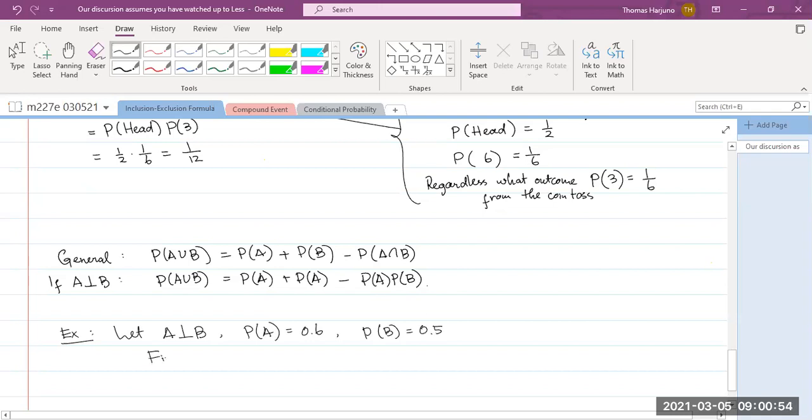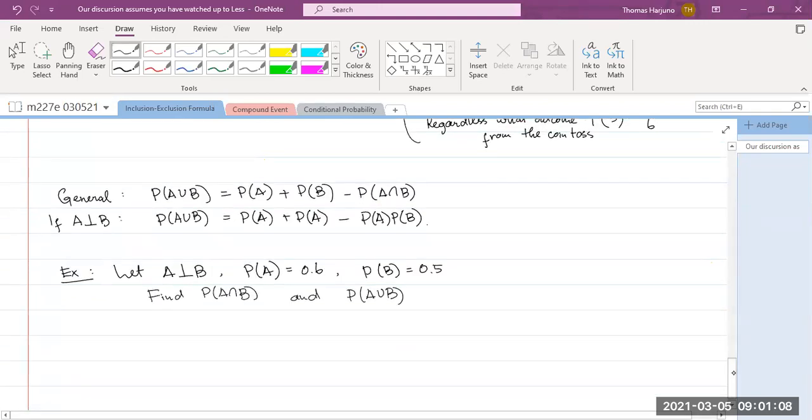Find probability of the intersection and probability of the union. Okay, let me give you, let's say, 3 minutes to do this.